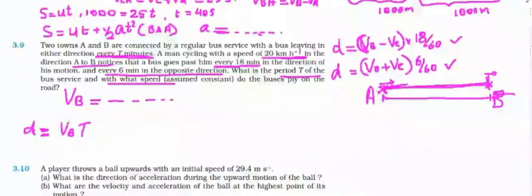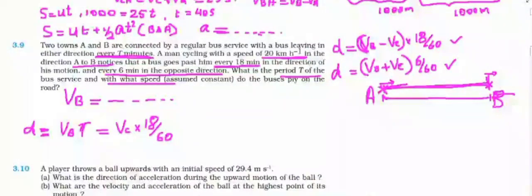That means bus takes time interval T to travel from A to B. By then, between two successive overtaking, first overtaking at A, next bus overtakes the cyclist at B, by then cyclist also will travel the same distance. So what is the distance traveled by the cyclist by this time? That will be velocity of the cyclist into time taken by the cyclist. How much is the time taken by the cyclist between two successive overtaking? Time is 18 by 60.